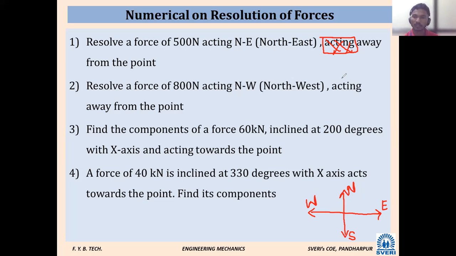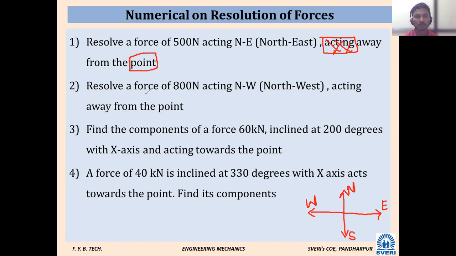Nature means direction, in the simplest word: where it is acting. From the point means this point is nothing but the origin. Hereafter, in case of principal directions, whenever the word point comes, it may be away or towards.